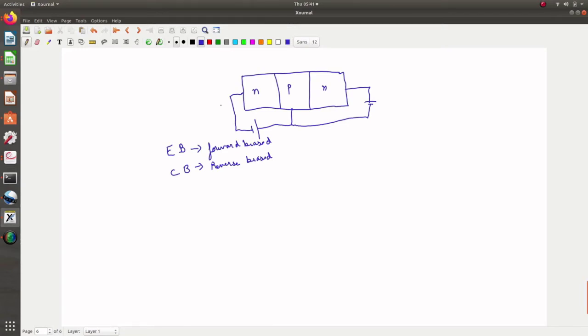This will make a change in the energy band diagram. Now the energy band diagram will look like this. Without the Fermi level, I am going to draw.